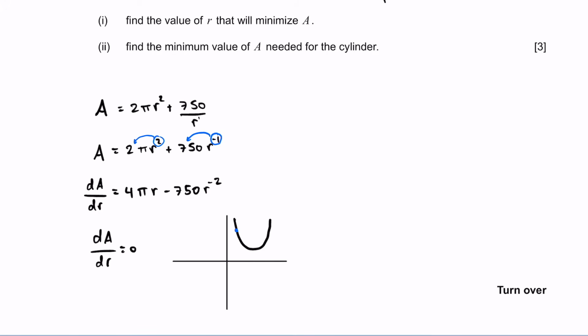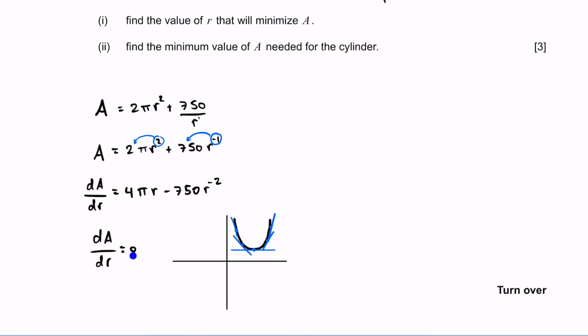Its slope, its instantaneous rate of change, is negative. Here it's negative as well. And then on this side, of course, it's positive. And on this side, it's positive again. But there's going to be one point right here where the derivative itself is equal to 0. That's the point where it's done all of the decreasing that it's going to do, before it started increasing. So this is the point essentially where it's as low as it's ever going to go. That's the point where it stopped increasing or decreasing, where dA dr is equal to 0.